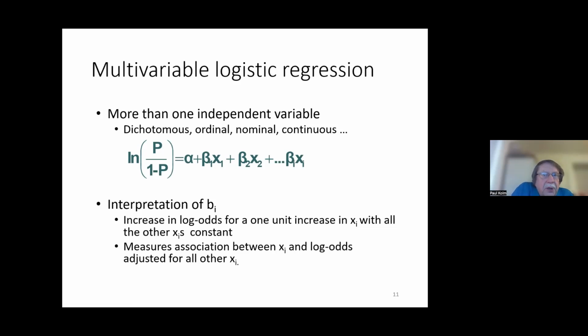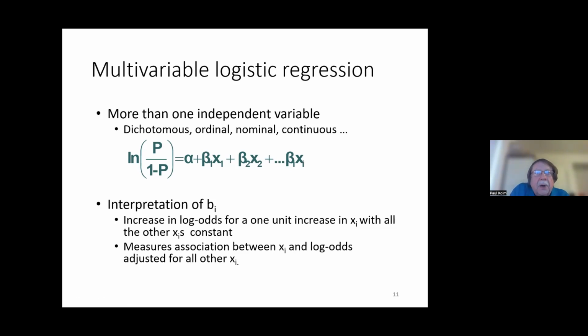And the interpretation is just the same as we looked at before with the simple one predictor variable: we have an increase in the log odds for a 1 unit increase in the independent variable. And just as in linear regression, the regression coefficient is adjusted for all the other variables that are in the model.